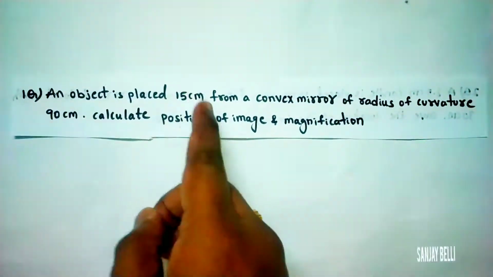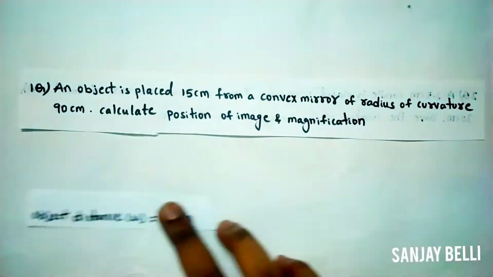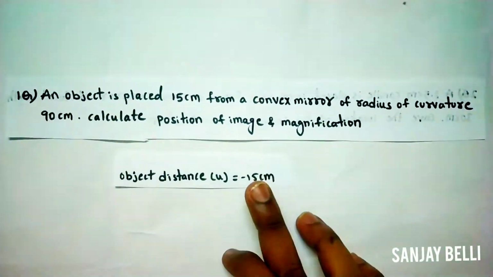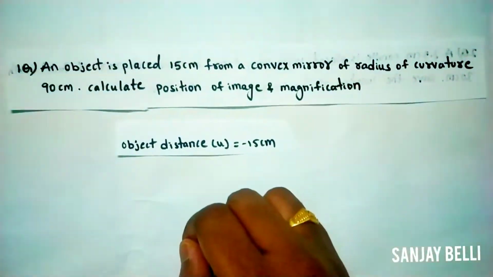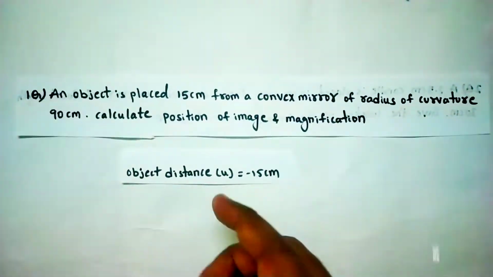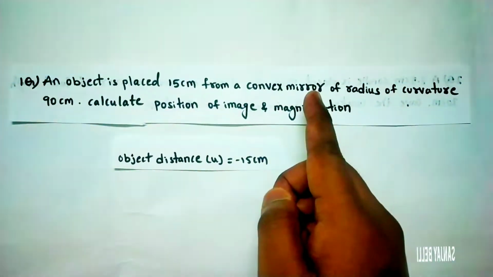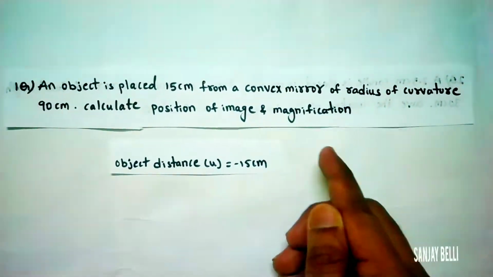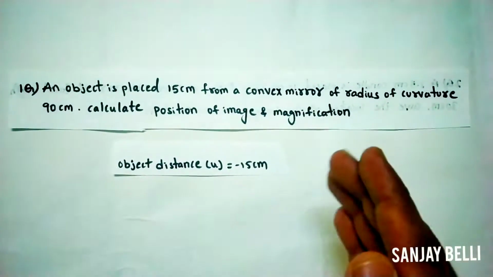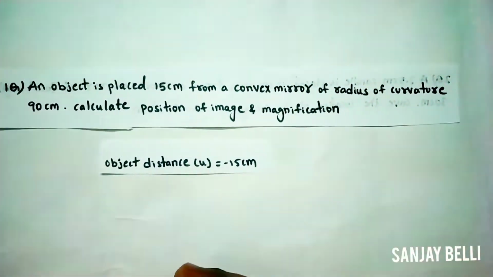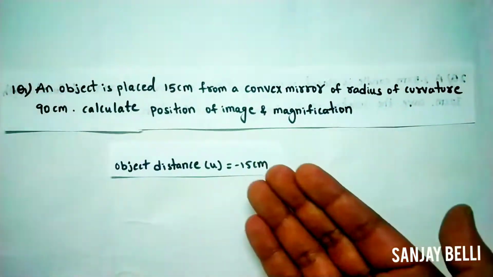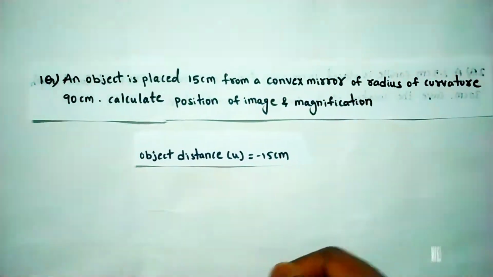That means your object distance u equals minus 15 centimeters. As we know, according to sign convention rules, in case of convex mirror, u will be minus, f will be plus, and v also is plus. U minus, f plus, v plus.